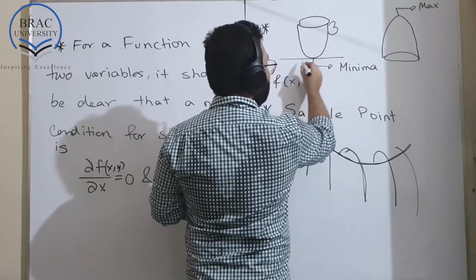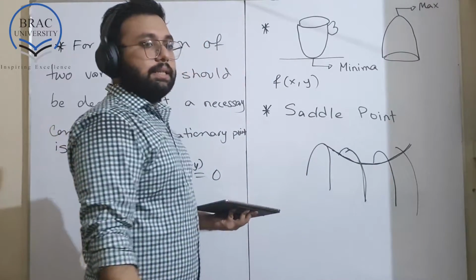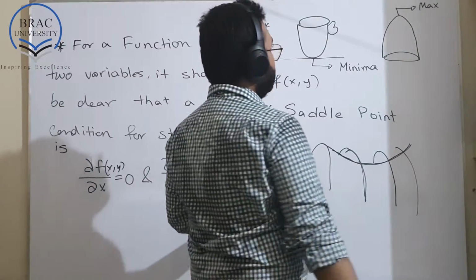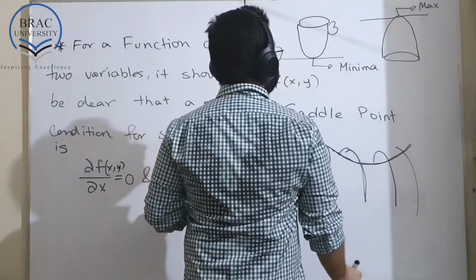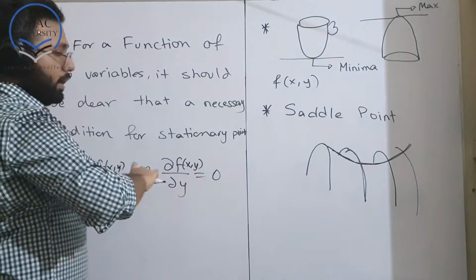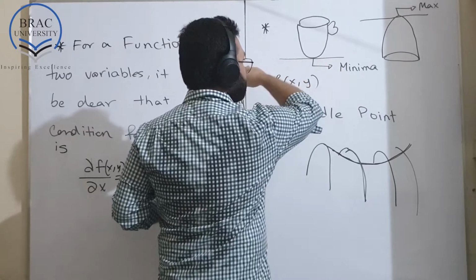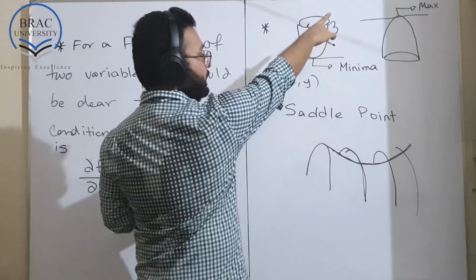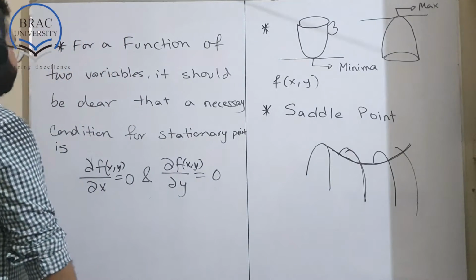What is the slope of a horizontal line? It's 0. You can understand graphically that this should be the case. Since derivatives are like slopes, if we draw the slope at this point, it's 0 because it's a horizontal line. Same there, same here. Okay.